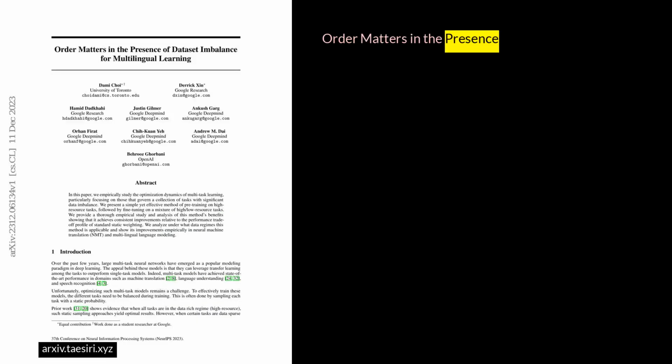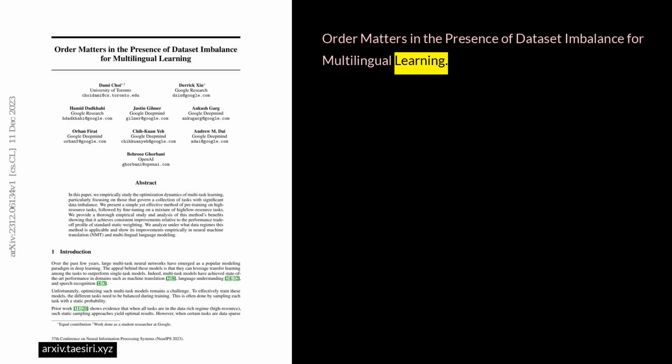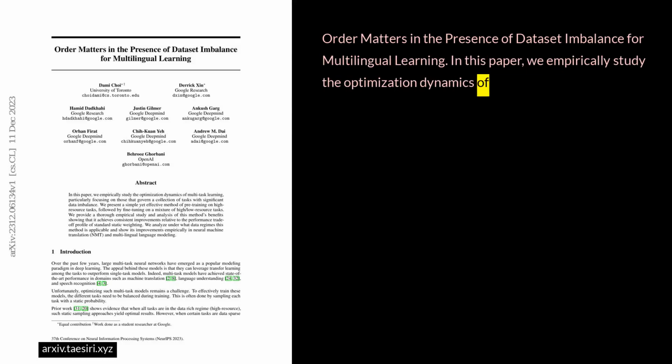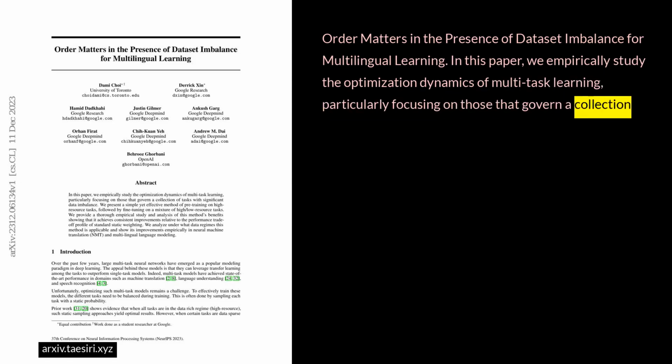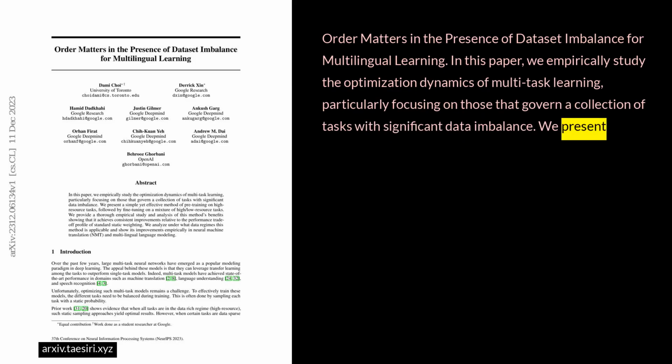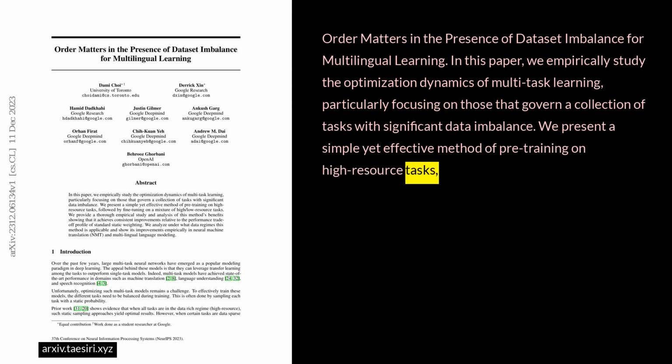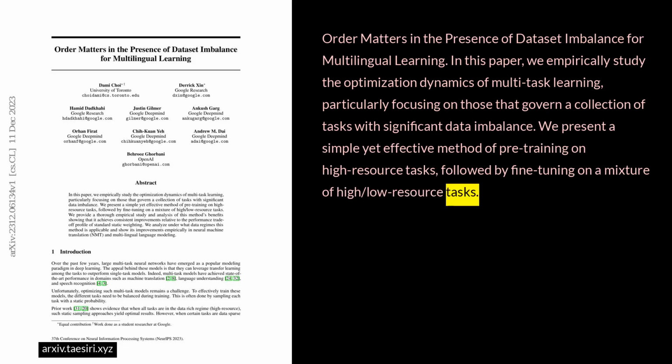Order matters in the presence of dataset imbalance for multilingual learning. In this paper, we empirically study the optimization dynamics of multitask learning, particularly focusing on those that govern a collection of tasks with significant data imbalance. We present a simple yet effective method of pre-training on high-resource tasks, followed by fine-tuning on a mixture of high/low-resource tasks.